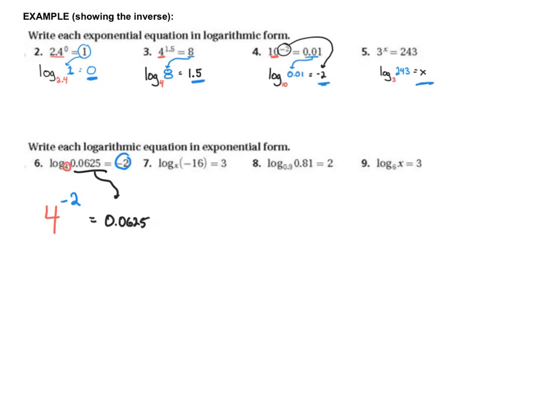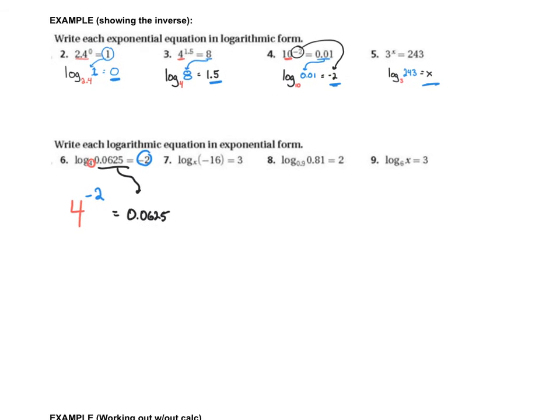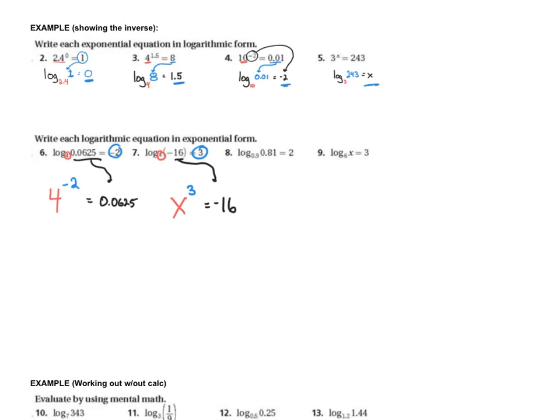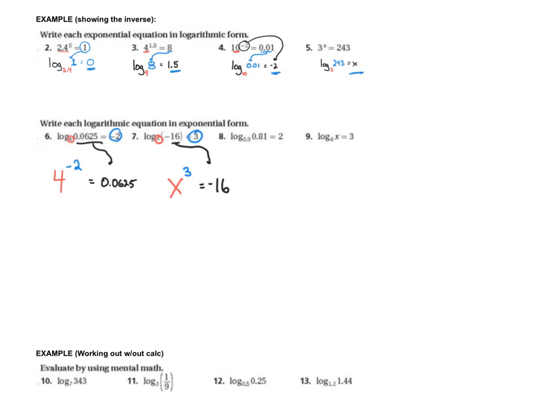Okay, let's try the next one. Here we go, ready? Base, what, is that base in x? Yes, the base is x of, now this becomes the exponent, x to the third power is equal to negative 16. Right? Okay, let's try the next one. Base 0.9 to the second power is equal to 0.81.